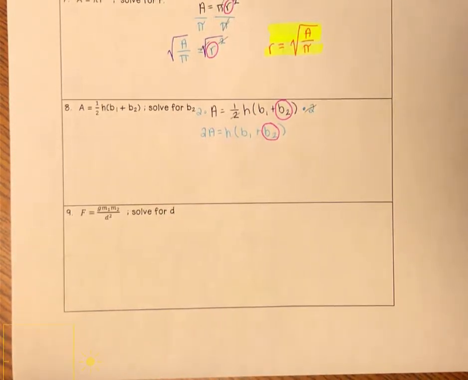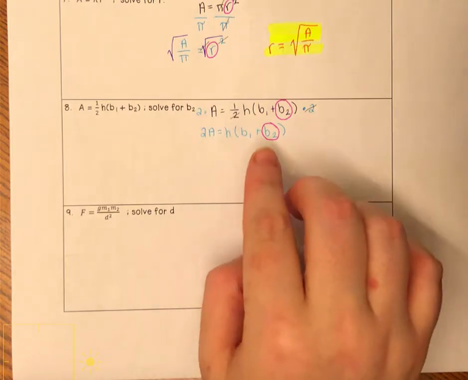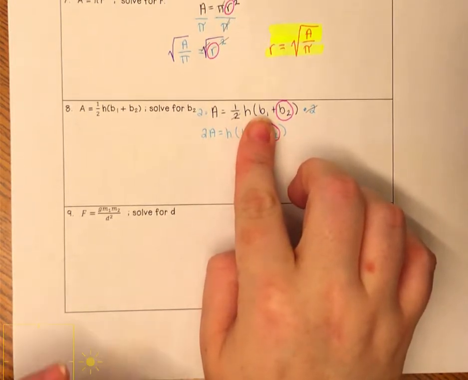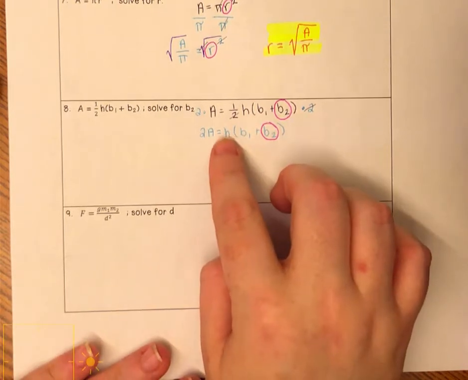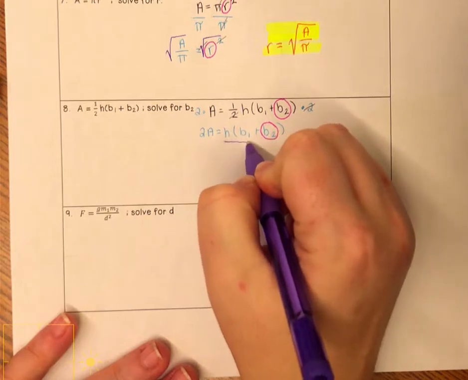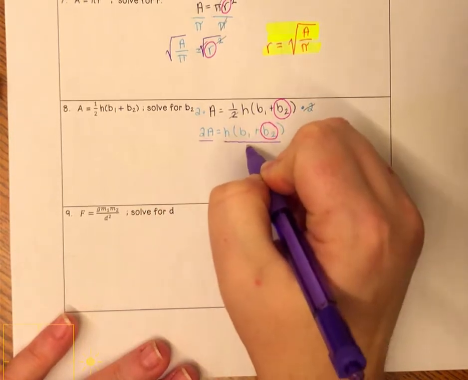And I don't want to put anything else on it if I can help it. So now we have to worry about the h that's attached to the parentheses, because again, we cannot touch the inside until we get everything off of it first. The h is being multiplied to that parentheses. We're going to divide everything by h.